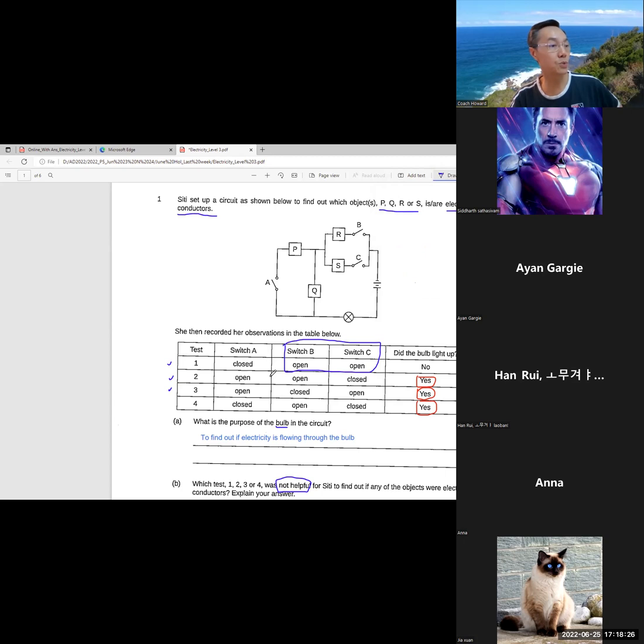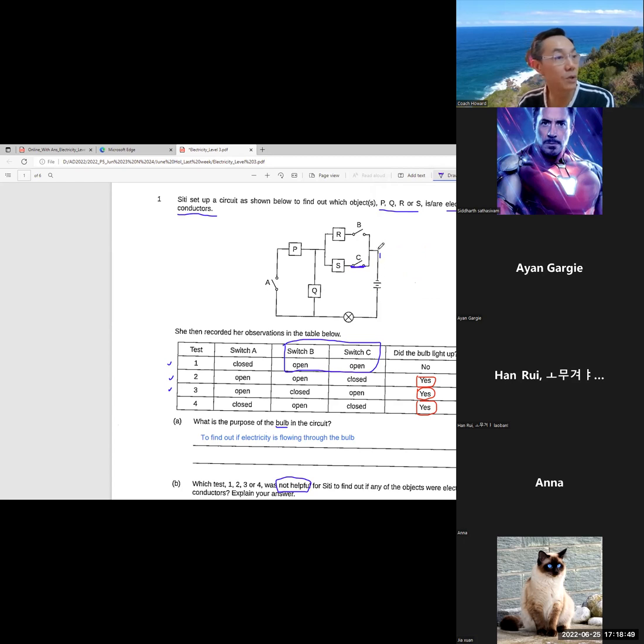So look at test 2. Test 2 is this one: A open, B open, and C closed. We do it step by step. So you see the current go through here, and this bulb lights up.